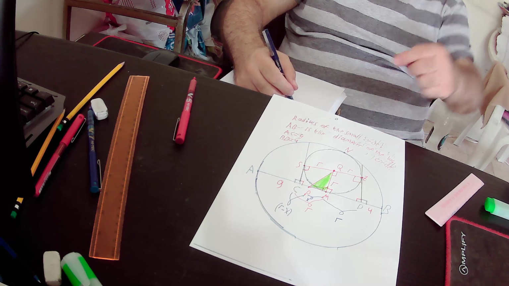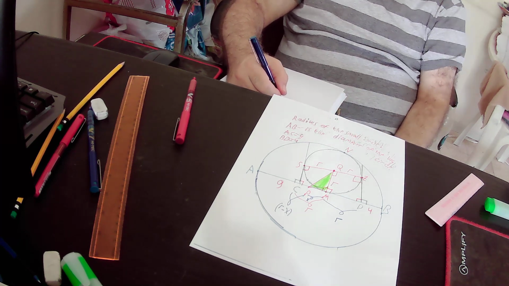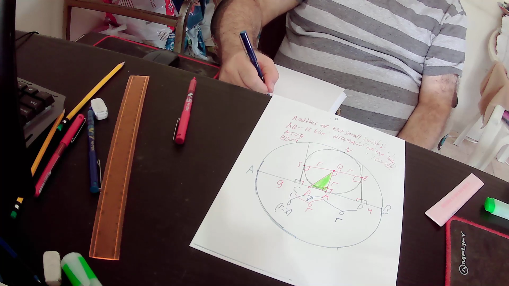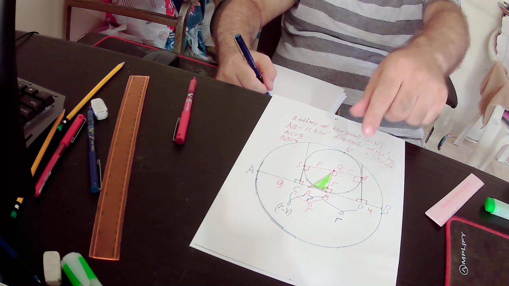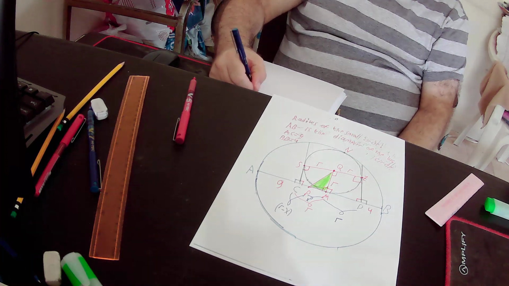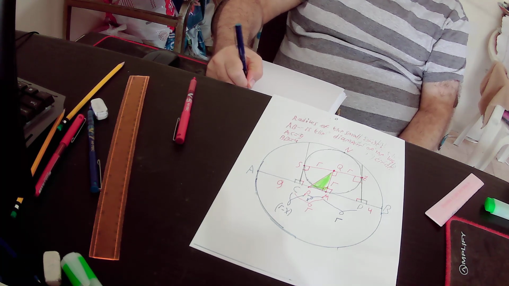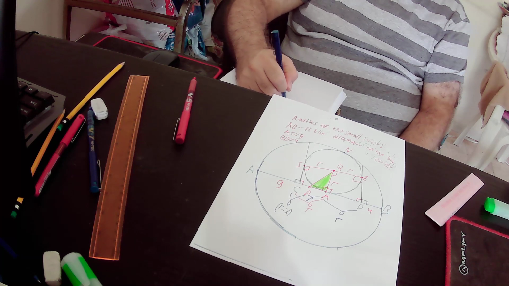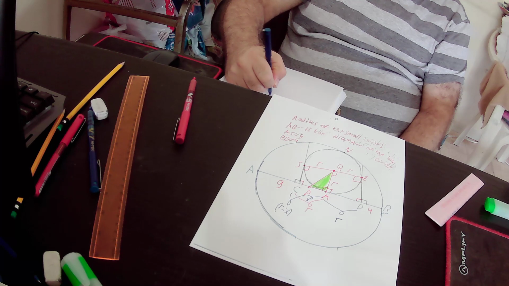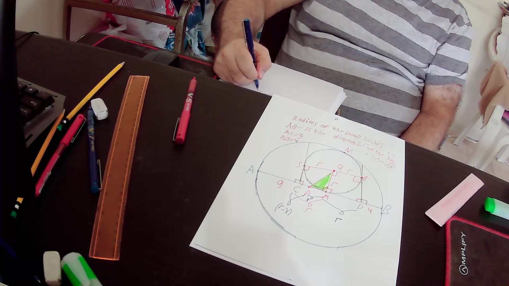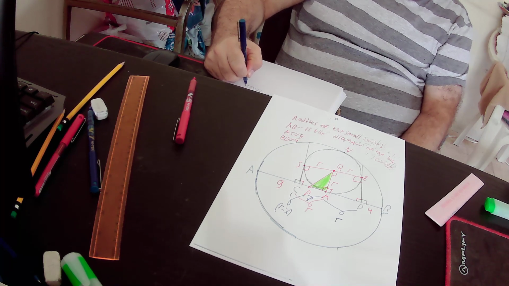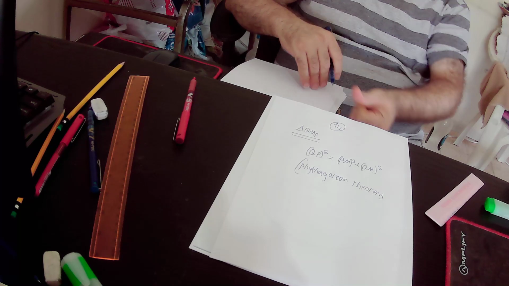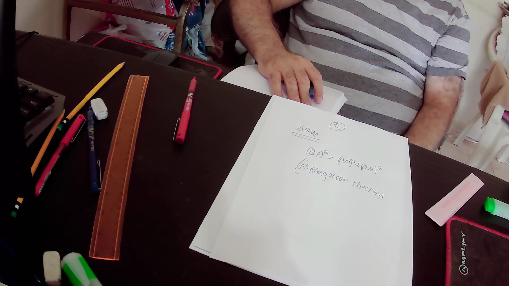That is to say, the square of the hypotenuse in the right triangle QMP, QP square, equals the sum of the squares of the perpendiculars, PM square plus QM square.